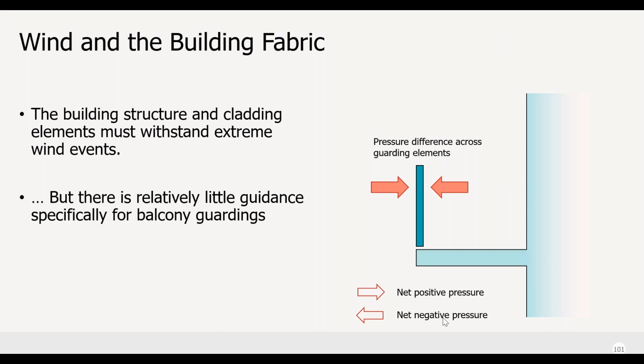The reason this is a distinct design issue is that when you look at a balcony guarding, you can easily imagine that the wind is having an effect on both the front and back surfaces of that element, compared to the main facade of the building, in which you have on one side a relatively stable and predictable interior pressure environment, and you only consider the dynamic effect of the wind really on the outer face. Next slide, please.